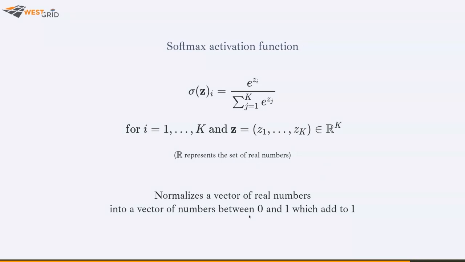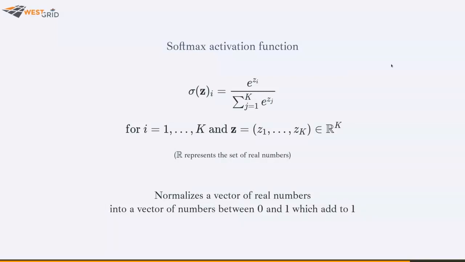What it does is that it normalizes a vector of real numbers. So the outputs of a softmax function all fall between 0 and 1, and they add to 1. So it changes it into a probability distribution, if you want. And that's great because it will give a very high weight to the most likely category, and then very small weights for the remaining categories.